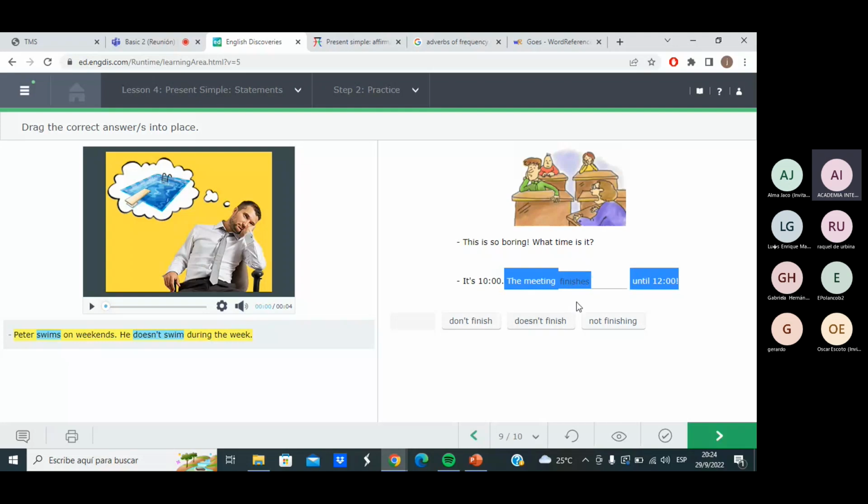The meeting finishes until 12. Pero el sentido que tiene debemos de darle ahí, hallarla, ¿verdad? Sería esta. Esa sería la correcta, porque si elegimos esta, la va a tirar incorrecta la página.